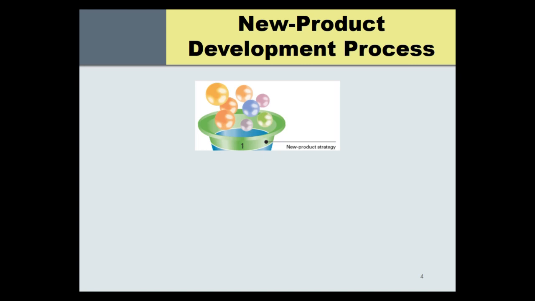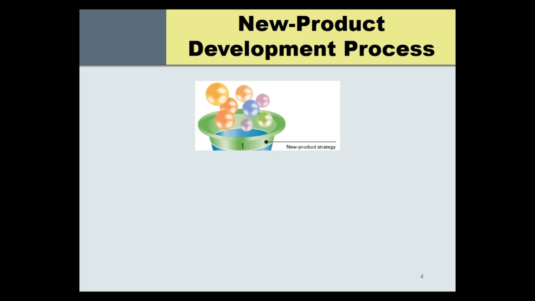For example, there probably are certain parameters for PepsiCo when they're developing products for their Pepsi-Cola unit. I'm sure it's got to be a beverage product. It's got to be a soft beverage product. Sometimes they're even more focused. It's got to be a soda product, and so on.